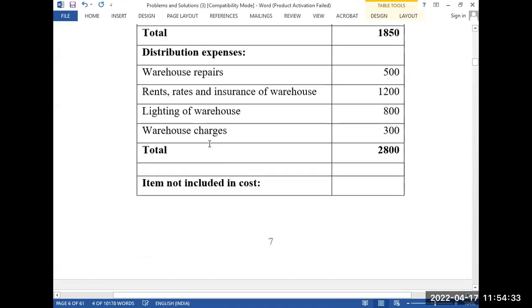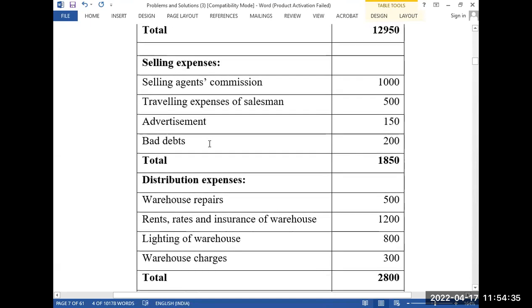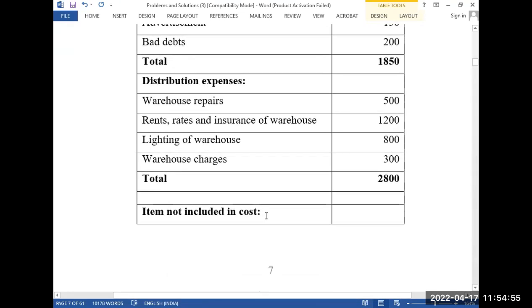So these are all the items. Traveling, advertisement, bad debts, rent of warehouse, lighting of warehouse. Here it is given both separately: selling and distribution. But in the cost sheet format, we don't have two different ones, only together.